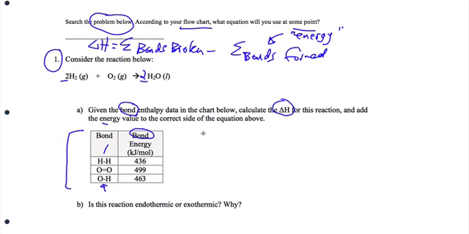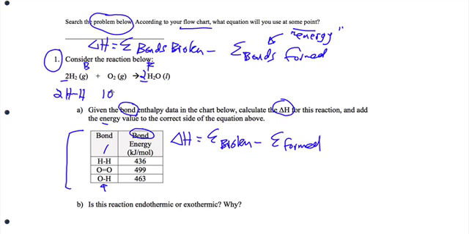So delta H equals the sum of the broken minus the sum of the formed, and we know that the broken are the reactants and the formed are the products. Got to draw our Lewis structures in there to make it a little bit easier to see. So we have 2 hydrogen bonds, 1 oxygen-oxygen bond, and this actually is 4 OH bonds.